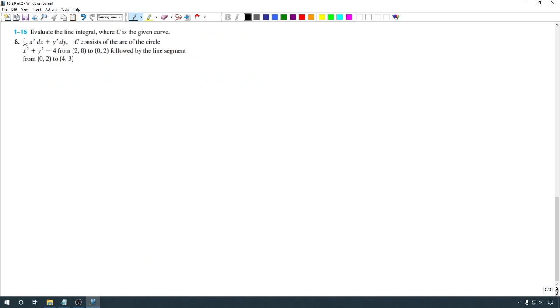Here we have the line integral over this curve of x squared dx plus y squared dy. Sometimes you'll have to figure out whether we are working with vector fields versus working with scalar functions. Scalar functions will have a ds. The vector fields will have a dx, dy, dz.